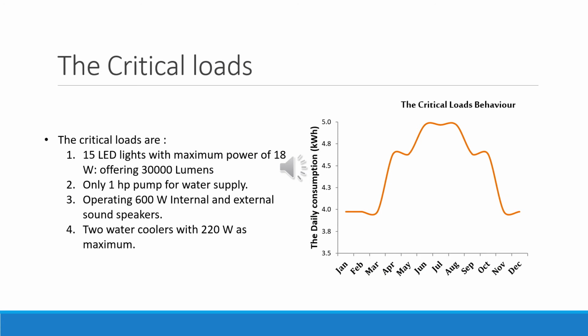Then what are the critical loads? The suggested critical loads are LED lights, 15 LED lights with a maximum power of 18 watts each, which could offer nearly 30,000 lumens, and only a 1 horsepower pump for water supply.